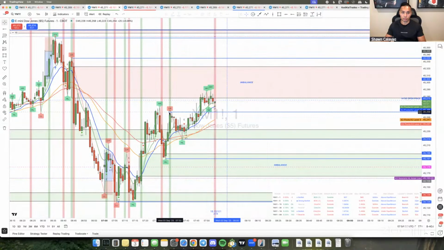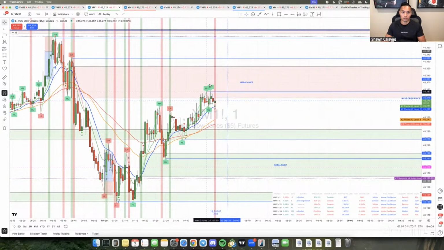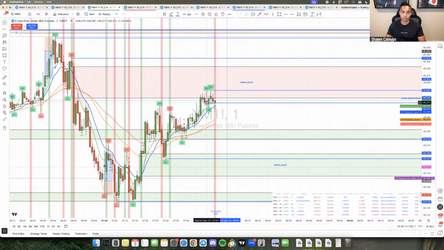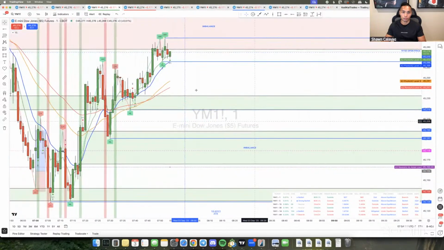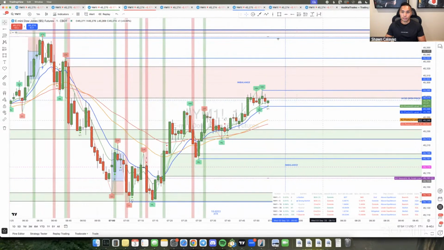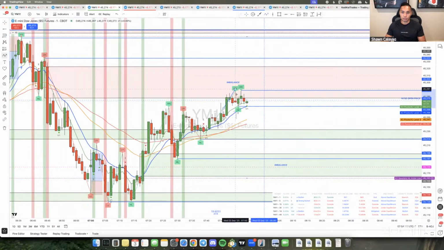I'm not going to draw it up though. It's kind of irrelevant. And now you can see here that price again is starting to squeeze and consolidate even tighter. The ATR is extremely low now, guys. ATR is down to 18. This is not the type of market to be trading in. At this point, I think I would just sit out.